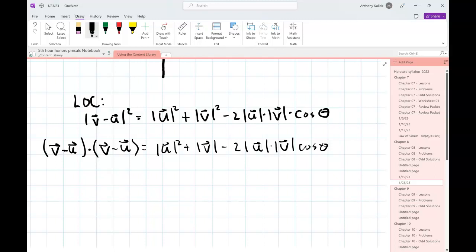I'm now going to use the distributive property of dot products to FOIL out that dot product.